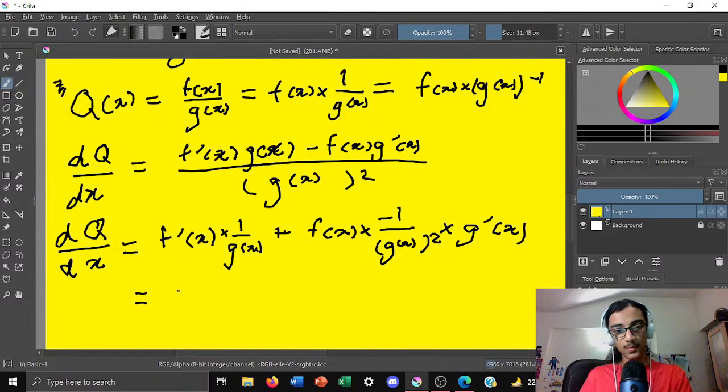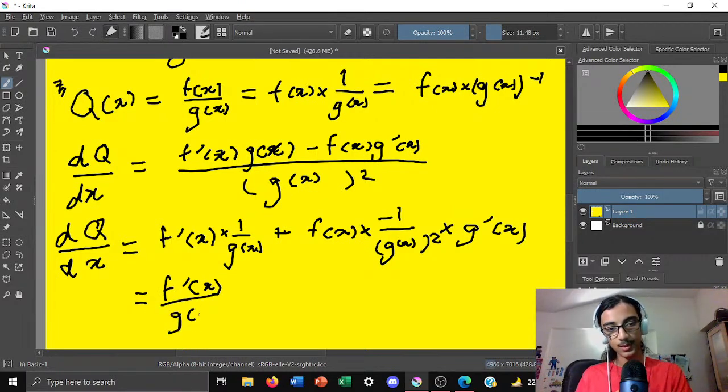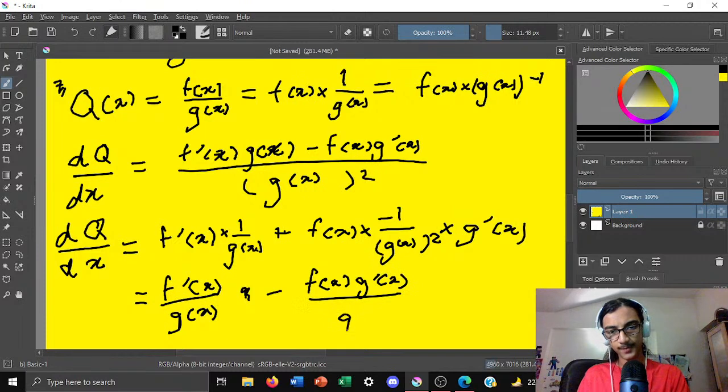Now let me write this as a fraction. We're going to write this as f prime of x divided by g of x, and we'll bring the minus to the forefront: minus f of x g prime of x divided by g of x squared.